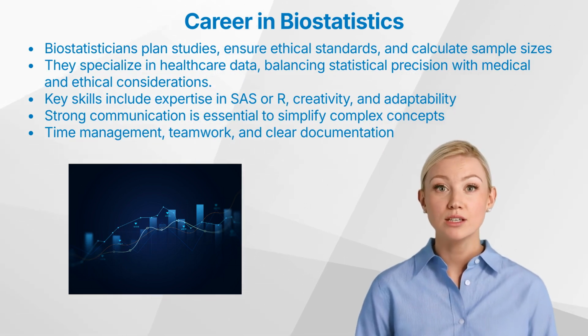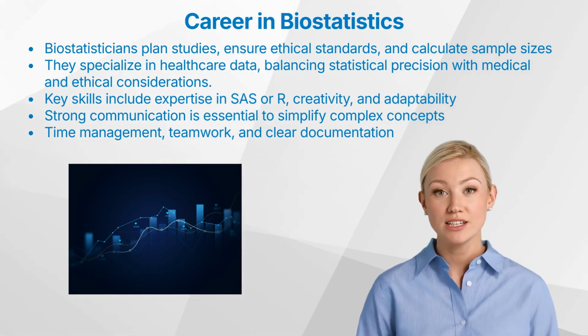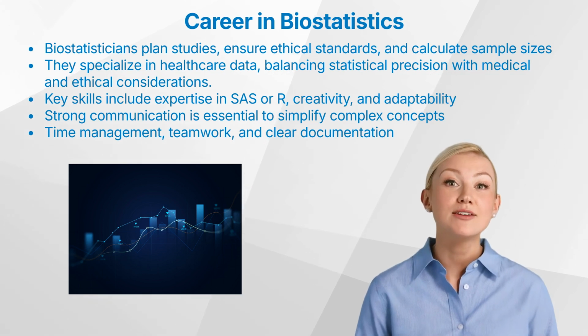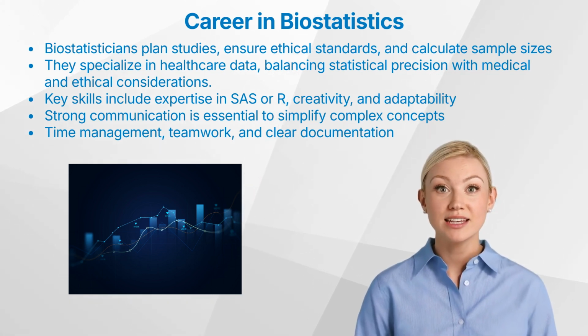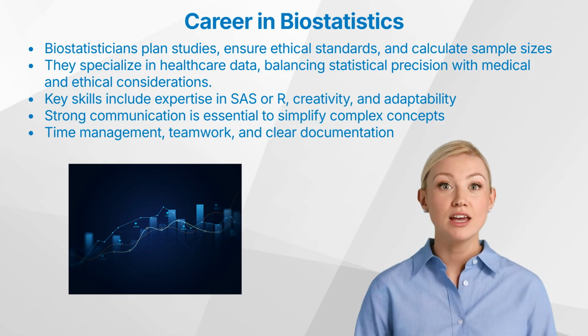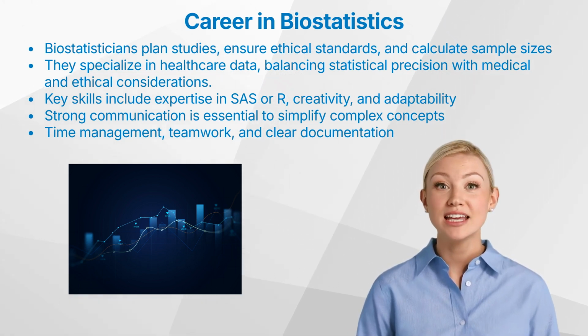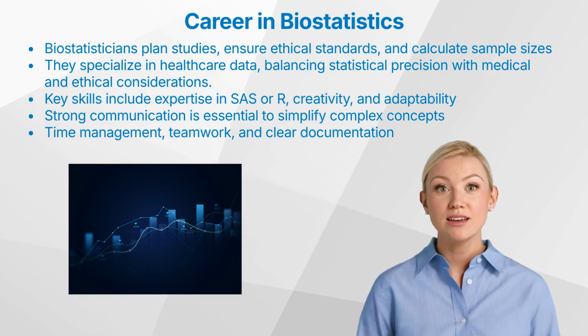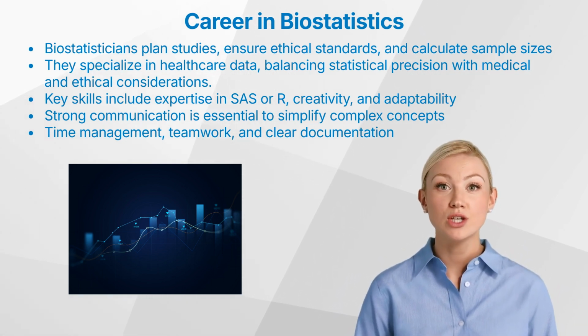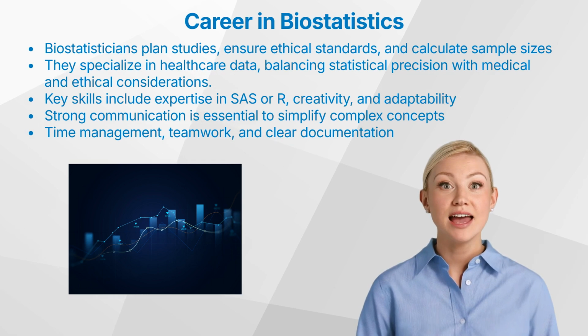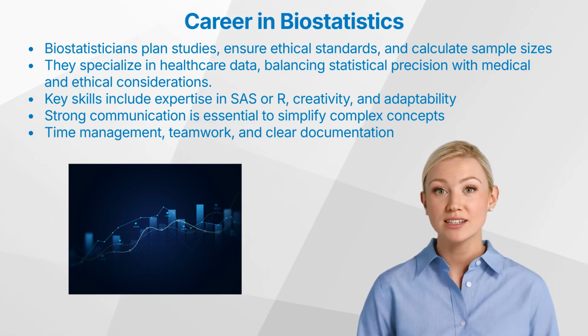This ethical responsibility is crucial in clinical research, as it balances the need for reliable data with the duty to protect participants. Additionally, biostatisticians develop statistical analysis plans, detailing how data will be reviewed and interpreted during the trial. Effective communication is key, as they regularly liaise with sponsors to discuss study objectives and clarify statistical methodologies.